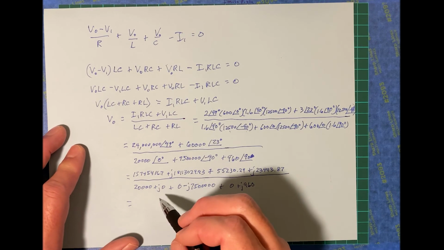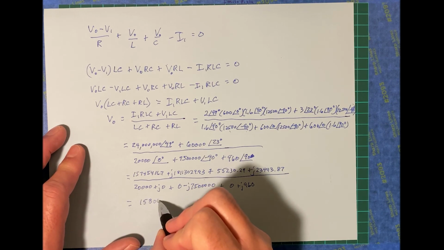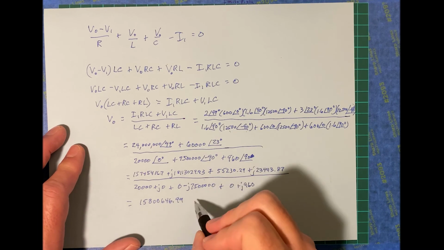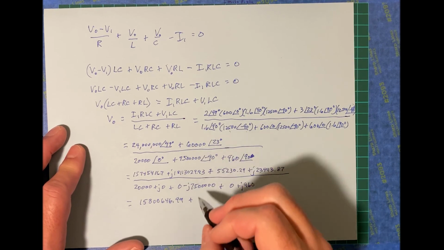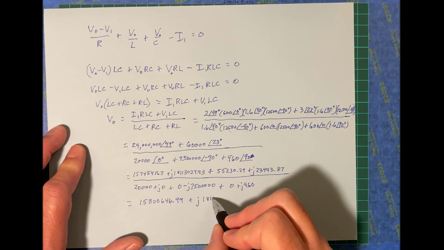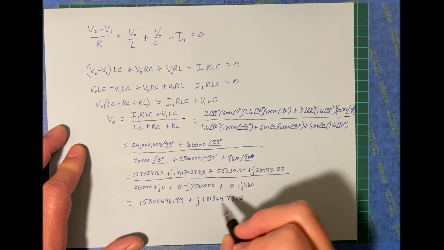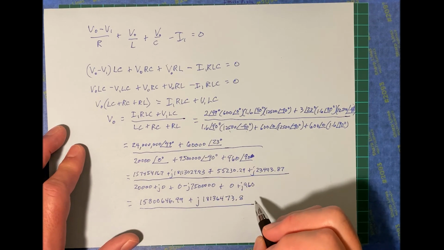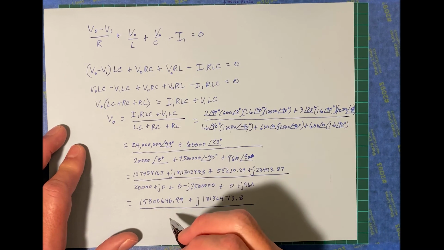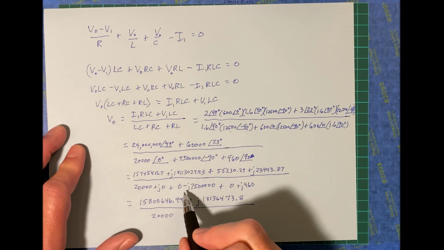So on the top, we're going to end up with 1580064.99. You may get slightly different numbers if you round. Plus j1813647.38, divided by, and now we combine the bottoms, and we get 20,000.